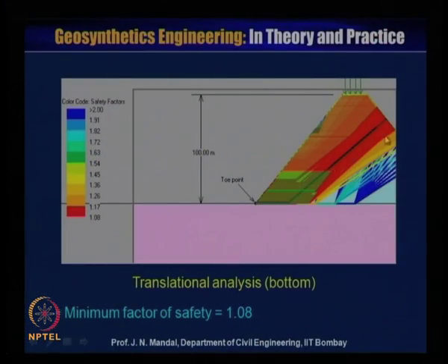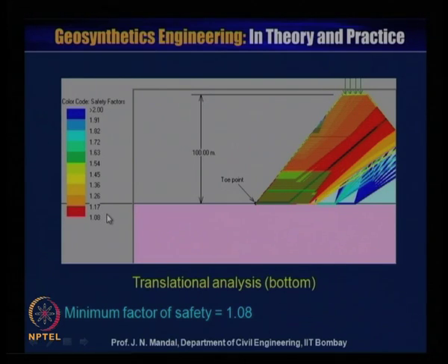And next, for the translational analysis. So, you can see the translational analysis with seismic effect, and you can see what kind of translation of the slip surface occurs, and this is the color code for the safety factor, and the minimum factor of safety is 1.08.